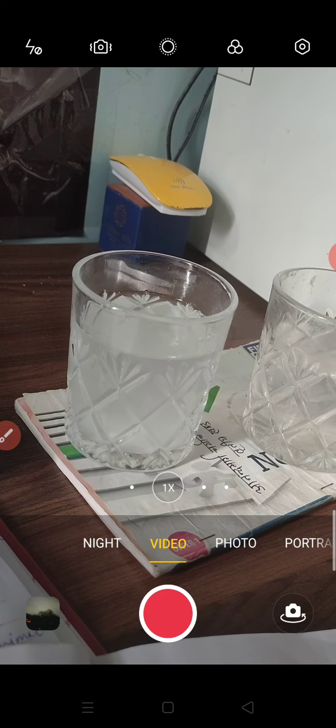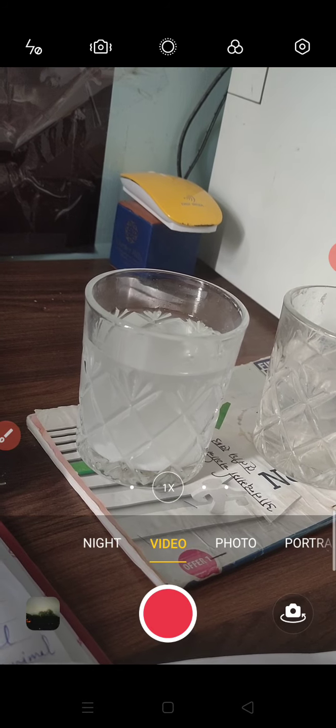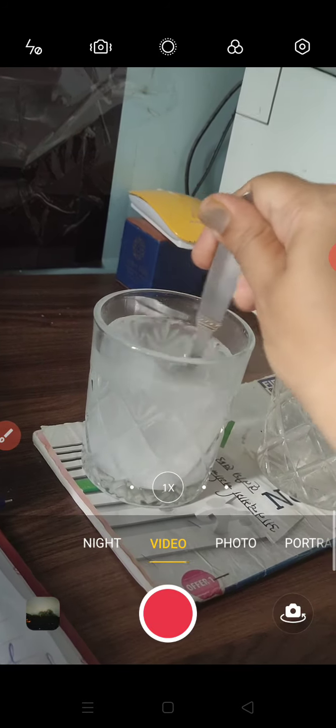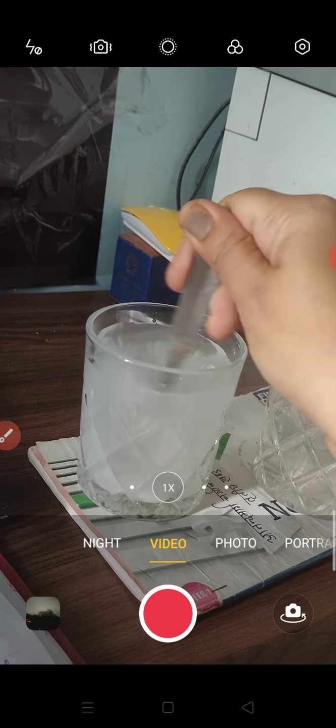I already had added 4 spoons of salt in it. In the previous experiment we did, we added 4 spoons of salt in this. Again I'm adding more salt in it and I keep on stirring it.